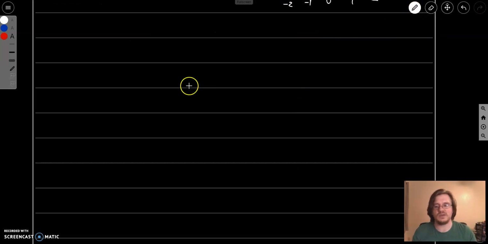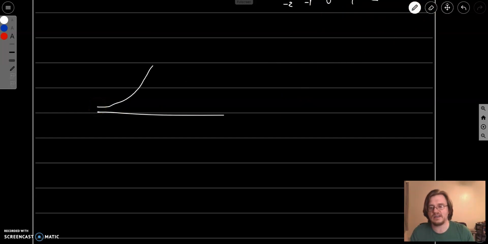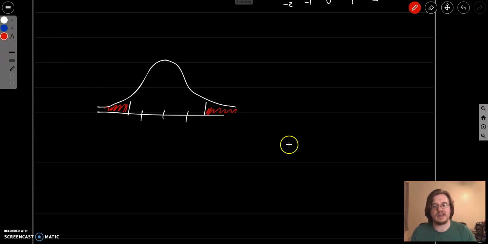One other thing that we might be able to calculate would be, let's say, the area to the left of some value and to the right of some other value. Again, how might we do this? Well, we could find the area of this guy and add it to the area of this guy. So the pictures help. The pictures should demonstrate exactly what's going on.